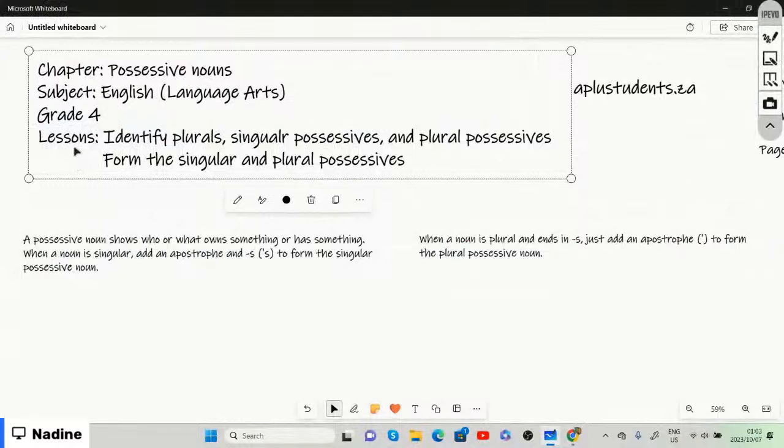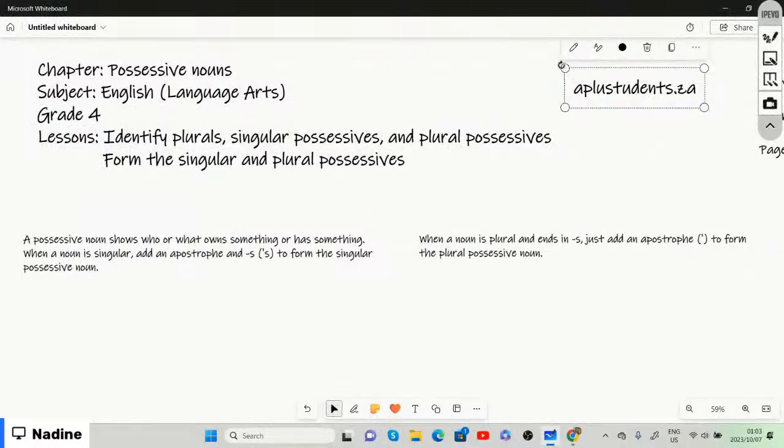What we are focusing on today is to identify singular possessives and plural possessives. We're also going to form the singular and plural possessives. So that is going to be our 2 focus lessons under the chapter of possessive nouns.